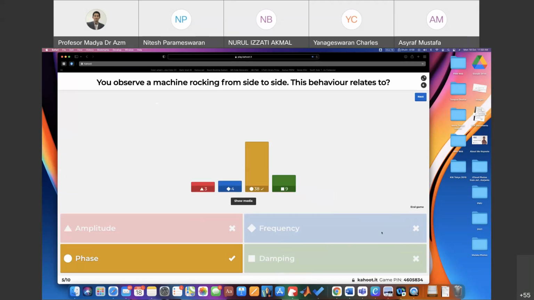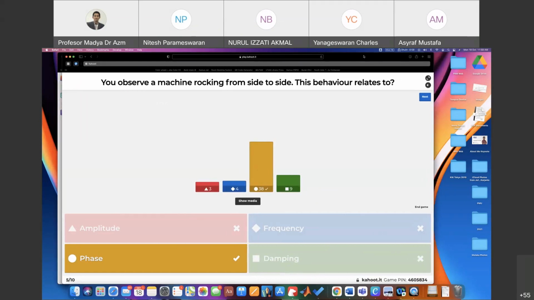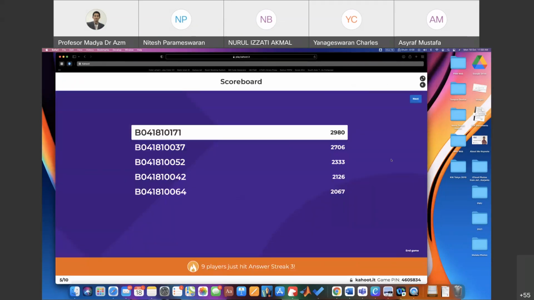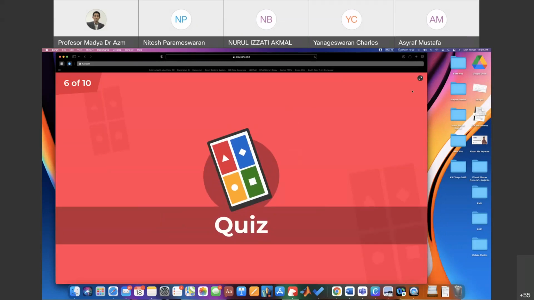Okay, masih ada juga. Salah, 9 damping dia jawab. Phase tadi baru explain. Right? Next.